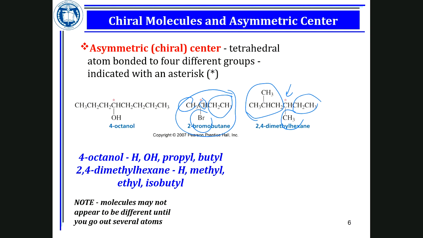And why are we emphasizing chiral carbon? Because compounds that contain a chiral carbon are often chiral molecules. And if they are chiral molecules, that means the compound and the mirror image are not superimposable. So basically you have 2 different compounds.